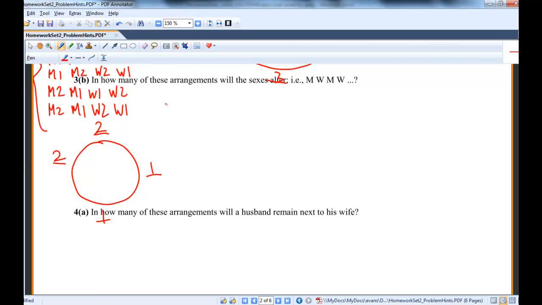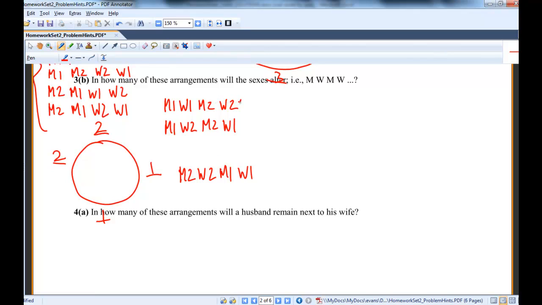So here's what I mean. I could have man one, woman one, man two, woman two, or I could have man one, woman two, man two, woman one. Any other scheme I can come up with has already been repeated there. If I do something totally different, like man two, woman two, man one, woman one, really this is just a rotation of this one.